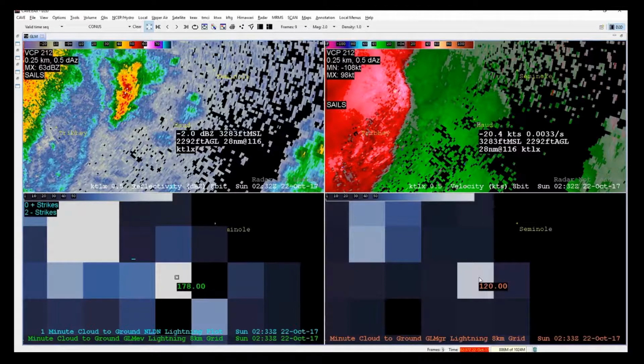So again, different technology, but we've had access to the North Alabama LMA for almost 15 years now. We have more cases than I could count where there's been a very clear lightning jump that's occurred before any type of severe weather, not just tornado, but hail and wind.